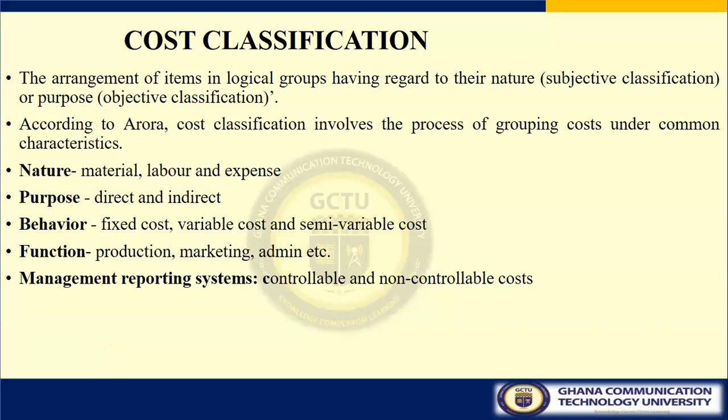For controllable cost, these are costs that you incur in a department or an organization that are within your control. You can manage it, such that you don't overspend. But uncontrollable, for example, let's say sanitation.